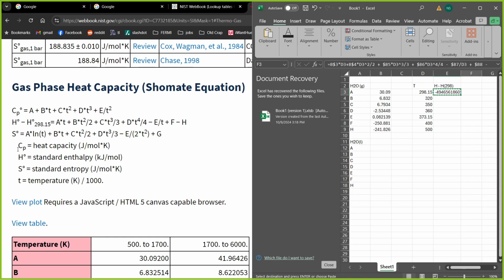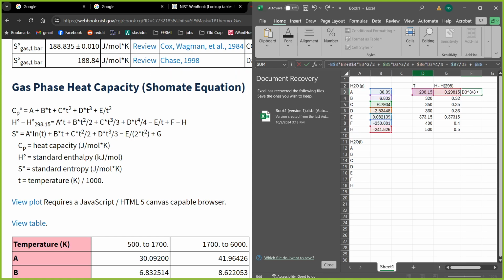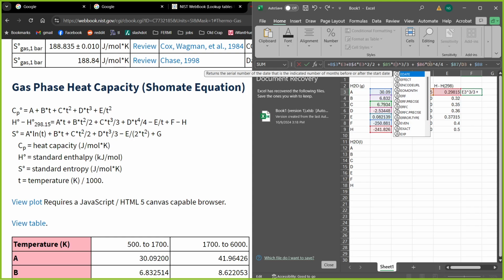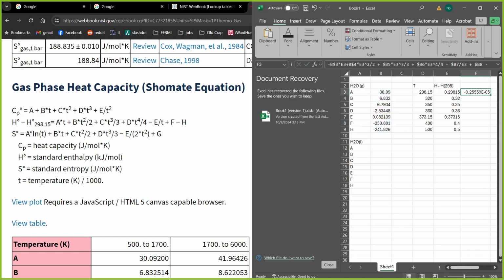So what I'm going to do is this instead, D3 divided by 1,000. We have to divide everything by 1,000. And then this changes to E3, E3, E3, E3. Okay, there we go. So as you can see, I'll just go ahead and move this down.